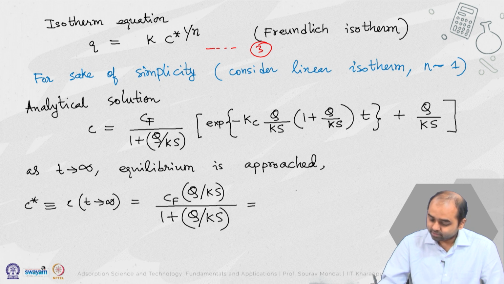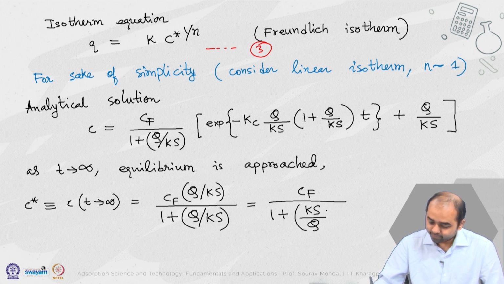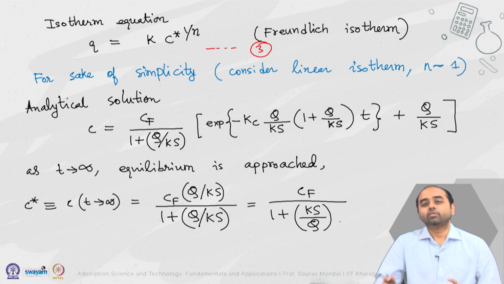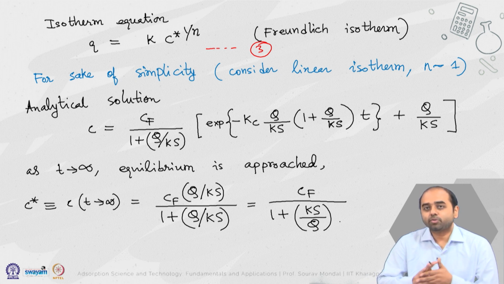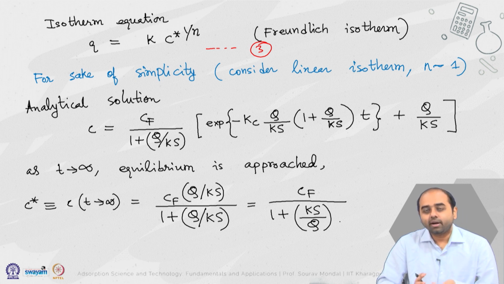or in other words this can be related as Cf by this factor. So, it is clearly understood that it is reduced by 1 plus K into S by Q, where Q is the volume of this liquid and S is the mass of the adsorbent, and K is of course the equilibrium constant.